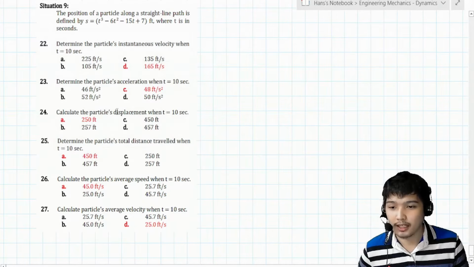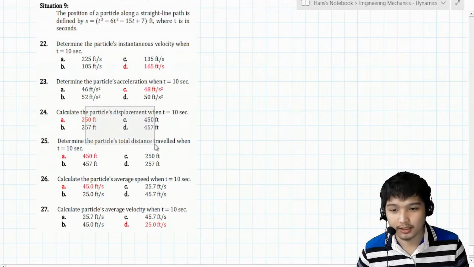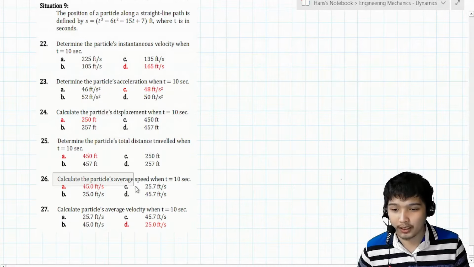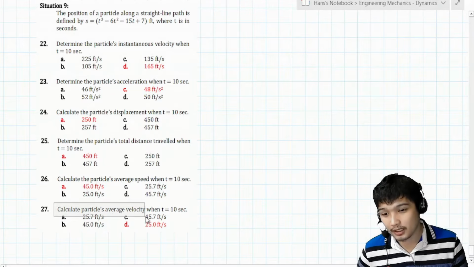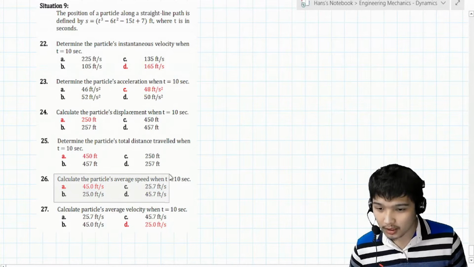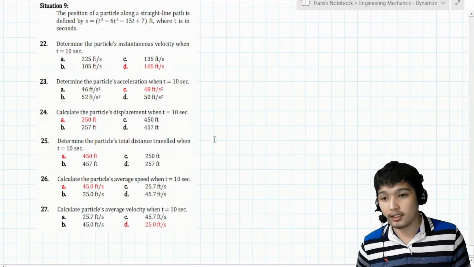Why do you think displacement and distance were highlighted as different? And the next is calculate the particle's average speed, and then calculate the particle's average velocity. Why were speed and velocity highlighted again as different?